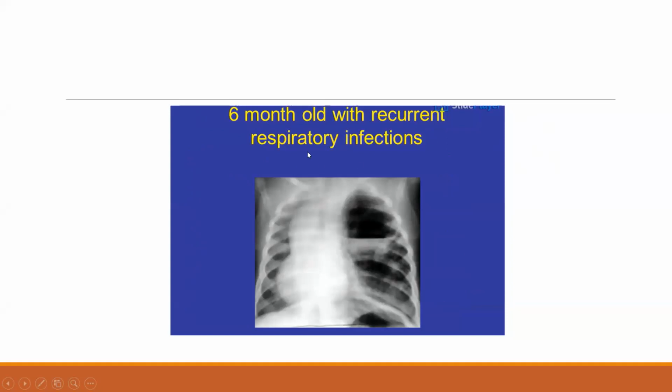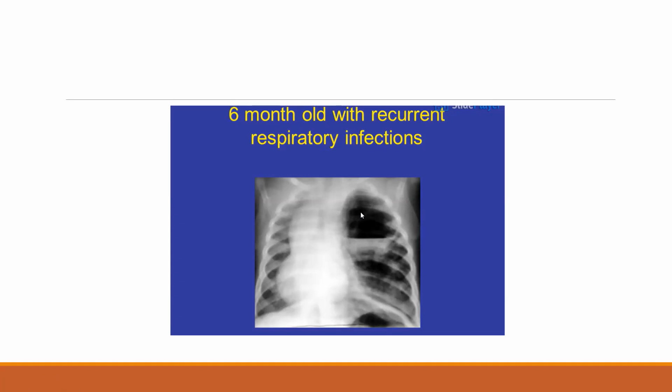A 6 months old with recurrent respiratory tract infection. The patient has recurrent respiratory tract infection, and you see the X-ray. You can at least say that there is an air fluid level here. At least you say yes, congenital cystic adenoid malformation. This is a very typical X-ray. Here you see there is some cyst, and an air fluid level is there.